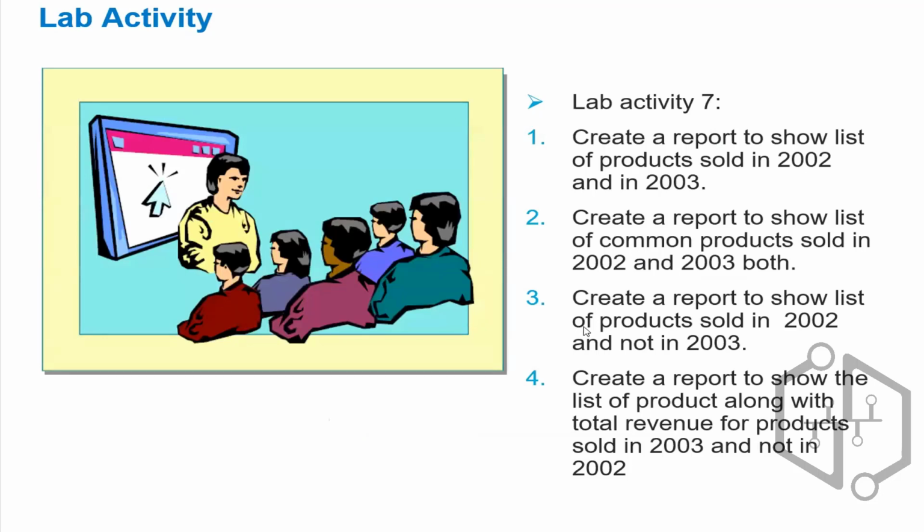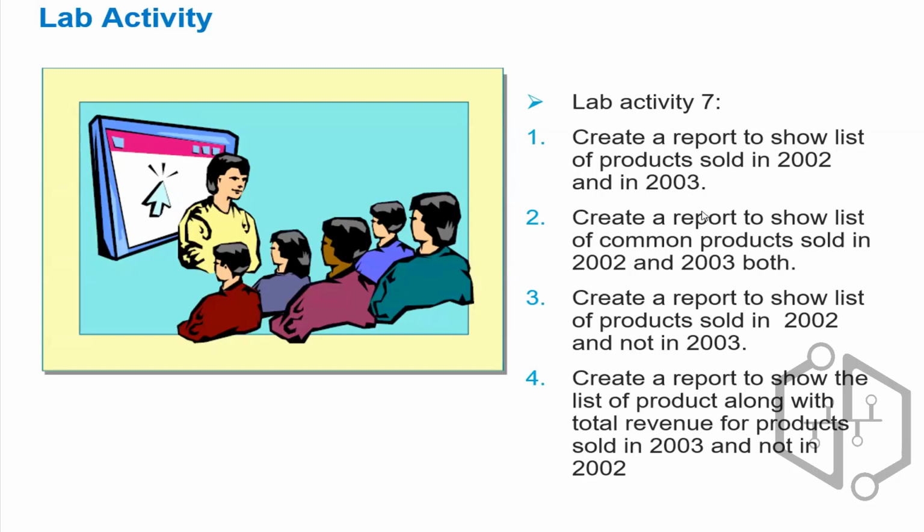This is the lab activity that we can do using inner and outer queries. First one: create a report to show list of products sold in 2002 and in 2003. If you read this line, that means we can use union.